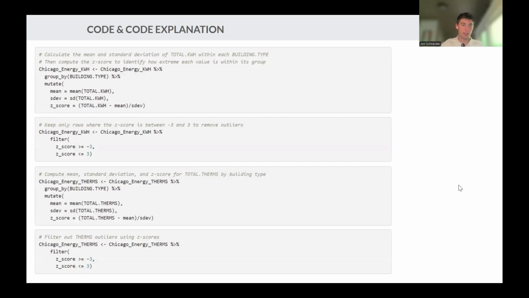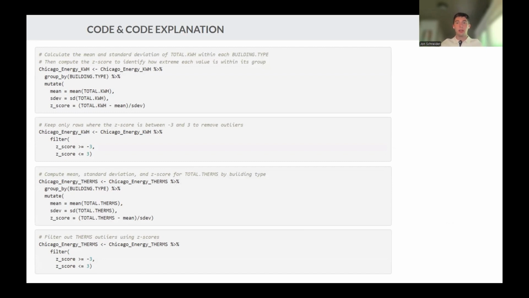To deal with those outliers, we decided to use a Z-score. This code here just shows us getting the values needed for the z-score, so the mean and standard deviation of total kilowatt hours and of therms. And then we used a threshold of a z-score of 3 and -3.